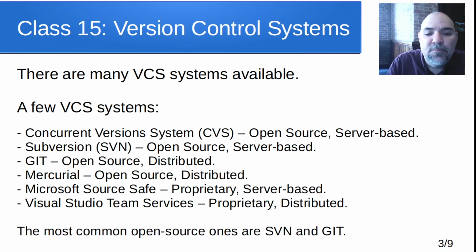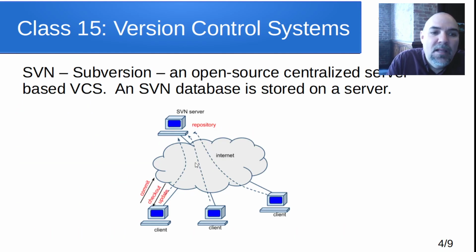So Microsoft has both a distributed one and a server-based one that you can use. The most common ones that I see used are open source, and those are SVN and Git. Git is newer than SVN, but notice the difference here: this one is server-based, this one is distributed. Now, let's focus on SVN for a second, since that's one of the more commonly used centralized ones.